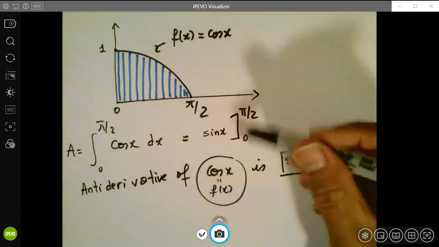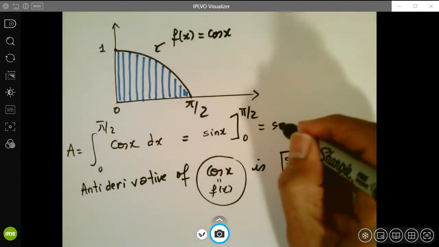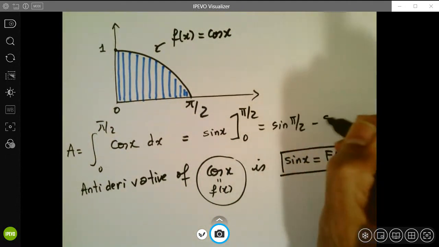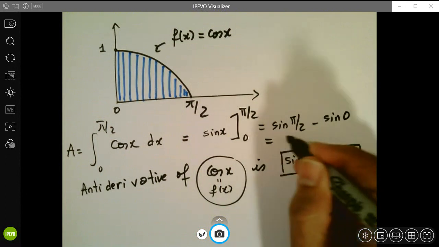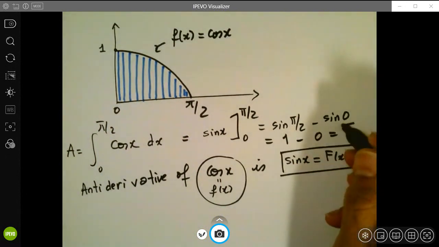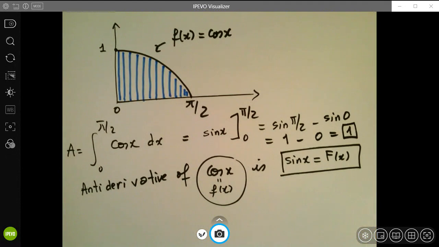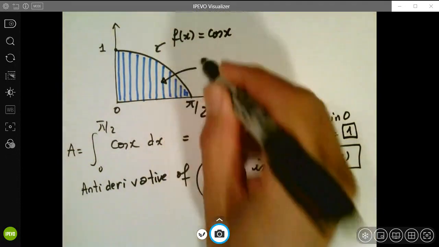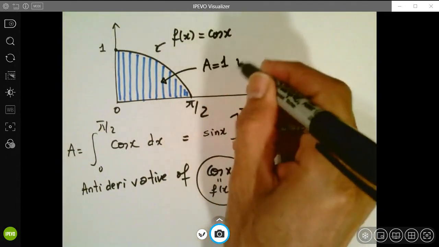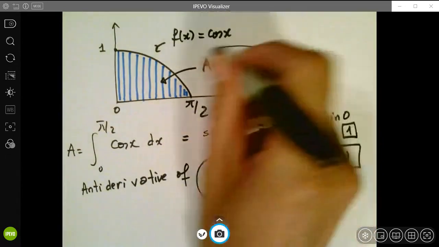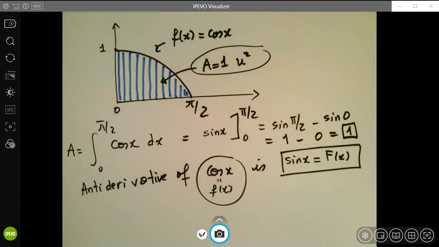This means sine of pi over 2 minus sine of 0, which is 1 minus 0, which is 1. So this area is exactly 1 unit square. Very nice for engineers. If you have a function and you want to compute the surface area under the curve, the fundamental theorem is a very, very nice theorem that you can apply.